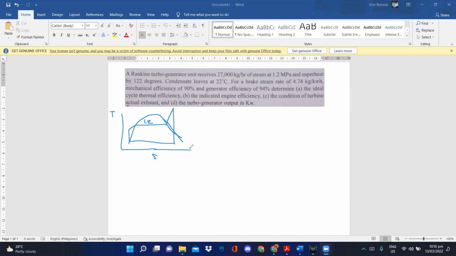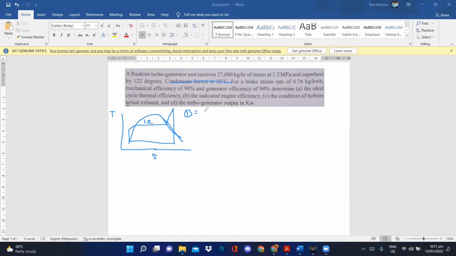Okay. Now, you have your 1.2, which is your superheated pressure, and the condensate leaves at 22 degrees Celsius. So meaning you have 1.2 at point 1. What is our temperature at point 1? We will look for it. What the problem only says is 1.2 megapascal and superheated by 122 degrees.